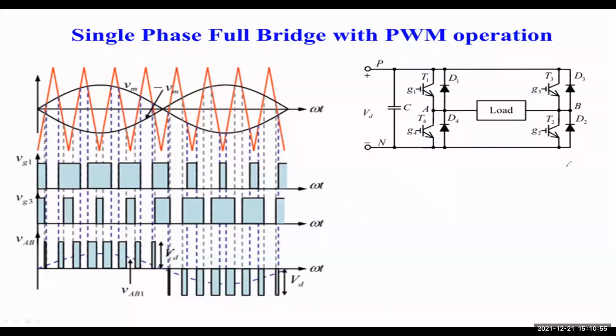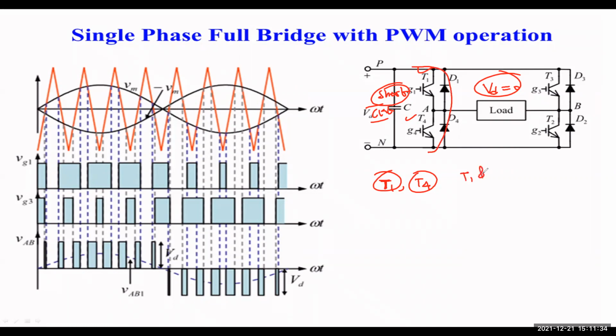Here is one important concept: to get the voltage across the load to be 0, don't turn on T1 and T4 together, whether they are thyristors, IGBTs or MOSFETs. If you turn on T1 and T4, the source will be short circuited.